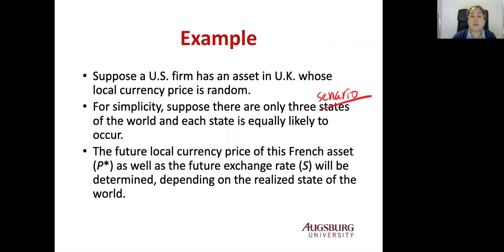So we have only 3 scenarios with equal probability, so each probability will be 1/3. The future local currency price is actually not French, it's a UK asset, I'm sorry. This British asset price, P star, as well as the future exchange rate will be determined depending on the realized state of the world, okay?